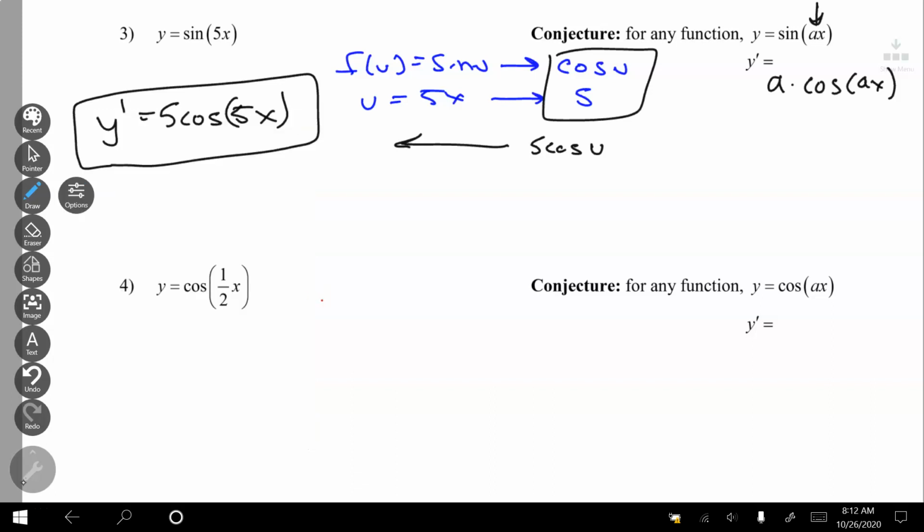So the outside stuff of this function is cosine of u, and that derivative is negative sine of u, and the inside stuff is equal to 1/2 x, and that derivative is 1/2.